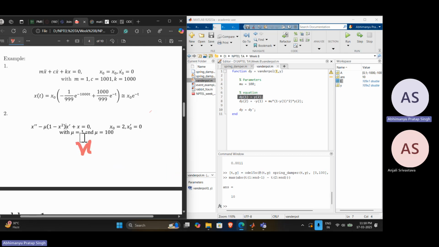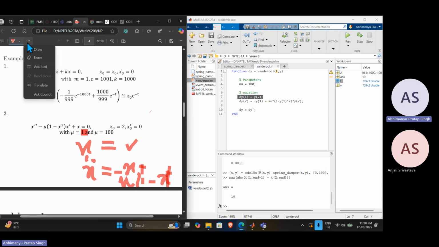my first one: x prime is equal to v, and then my x double prime would become minus x plus mu times 1 minus x square, you get the idea. 1 minus x square.